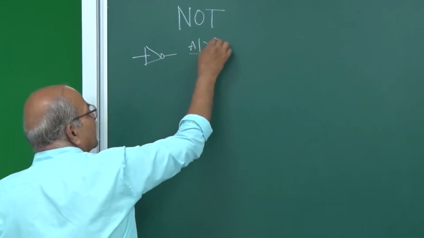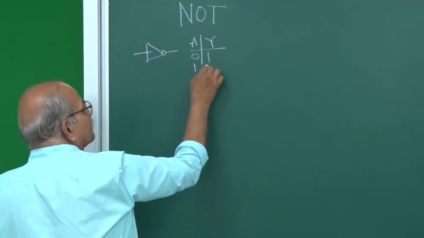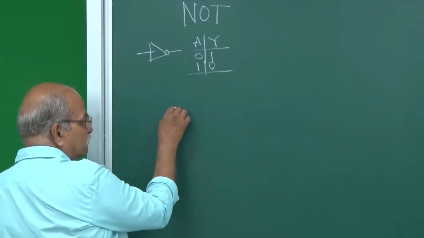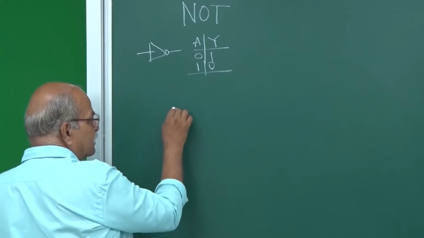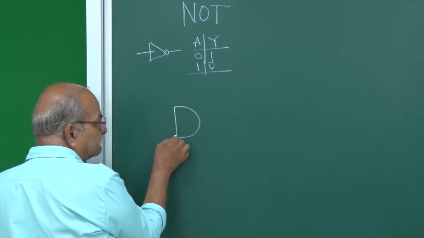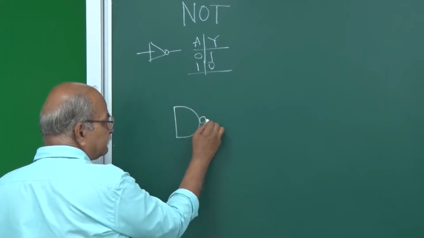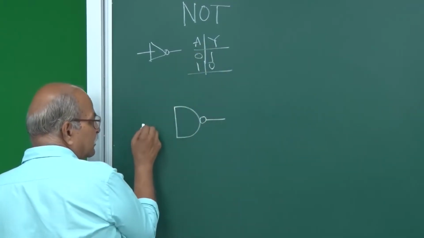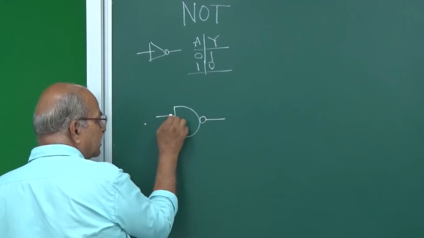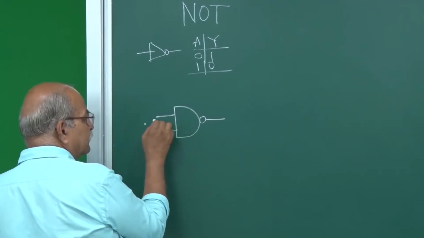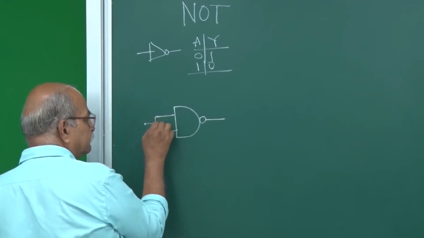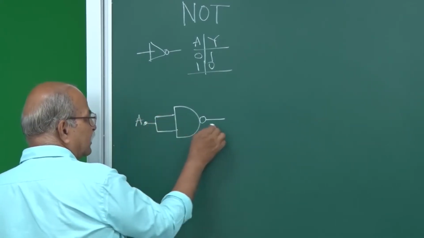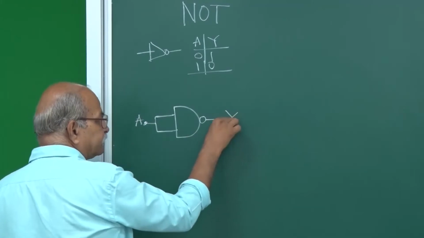A is here, Y is here, 0, 1, 1, 0, simple. And you take just a NAND gate, this is NAND, and then your input is just one single input, but the same input you connect to both the input ends. So this point is A and this point is finally Y.